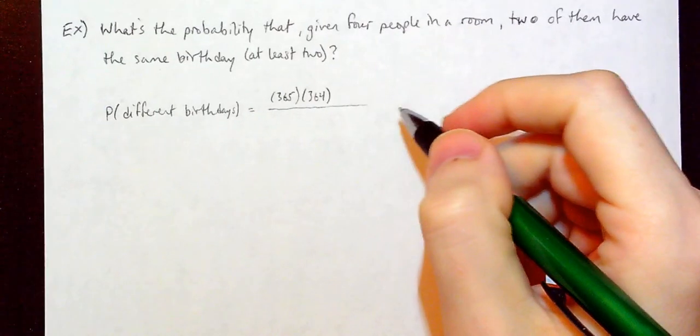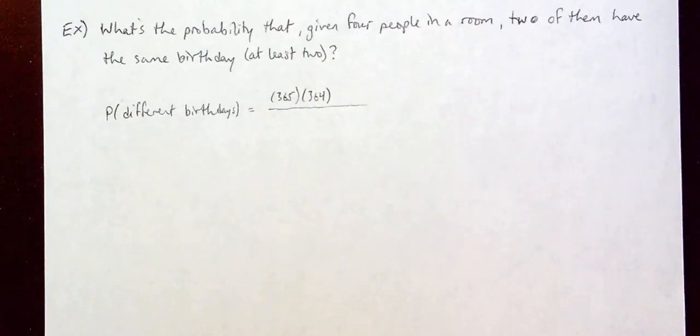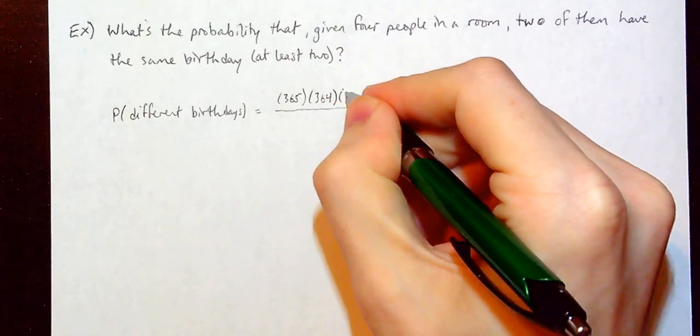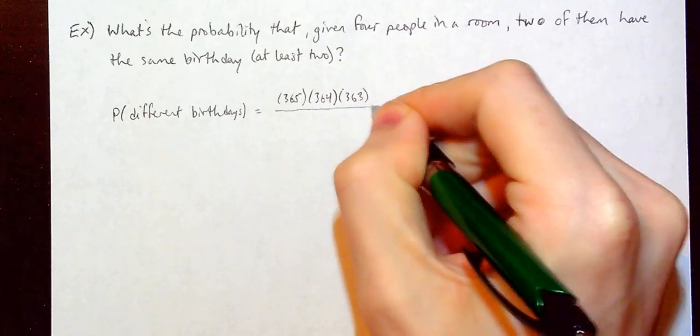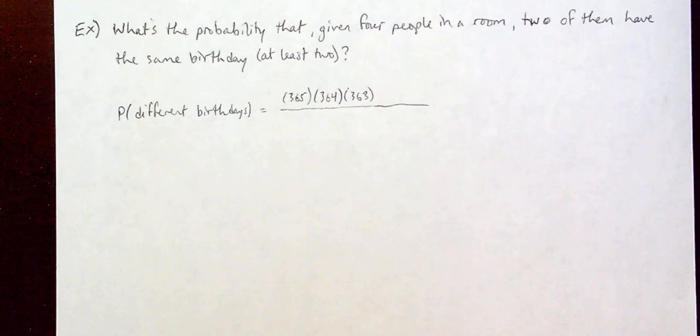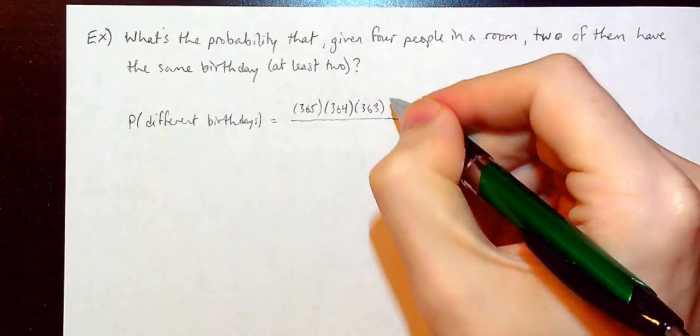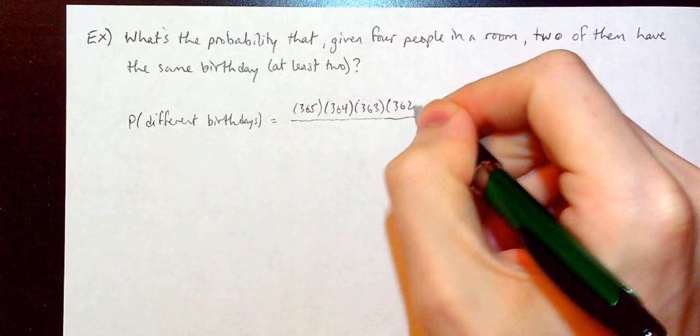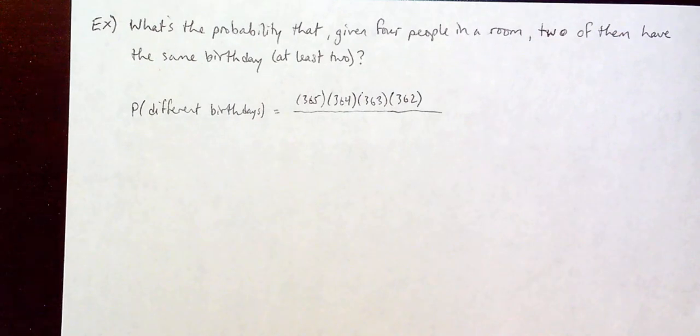Third person. Okay, the birthdays of the first and second people can't be possible then. So there are 363 possible birthdays that will work for this third person. And then you can probably guess 362 possible birthdays for the fourth person.